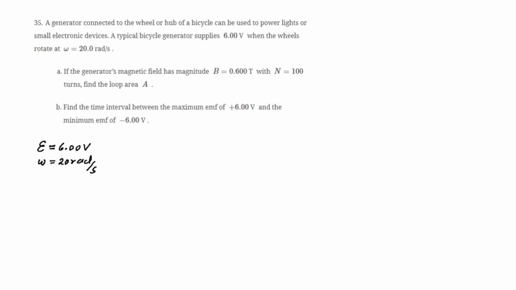Use the same number of significant figures. What else do we know? A magnetic field of 0.600 Tesla, and 100 loops or 100 turns. And we want to find the area, so the unknown here is the area.